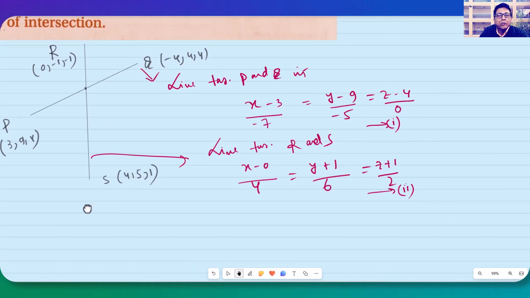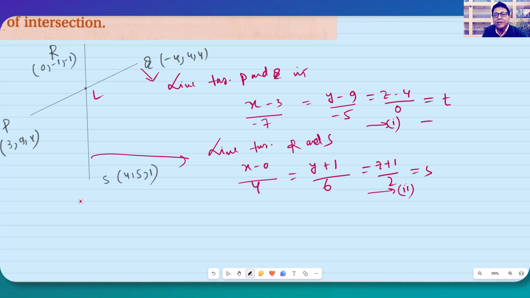Now, if they intersect, we will follow the same method. To find the point of intersection between those lines, let L be the point of intersection, we follow the same method. We compare this with t and this with s. Then L will be the common point.